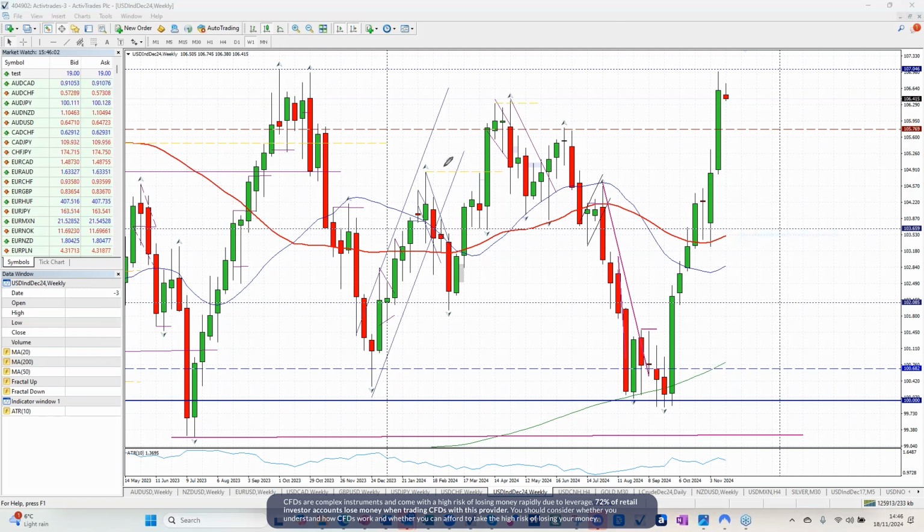This is the weekly chart. Now, I appreciate we've mostly focused today on looking at intraday FX, but as I said right at the start, whilst I might focus on that myself, the concepts work across other instruments, other time frames. And so immediately I see here, this is the weekly chart of the dollar index.